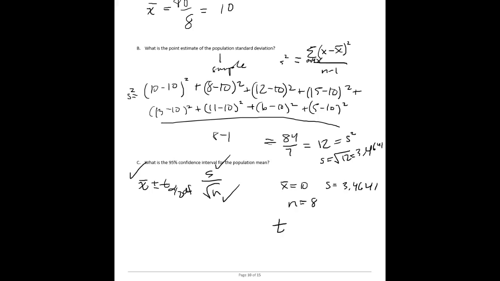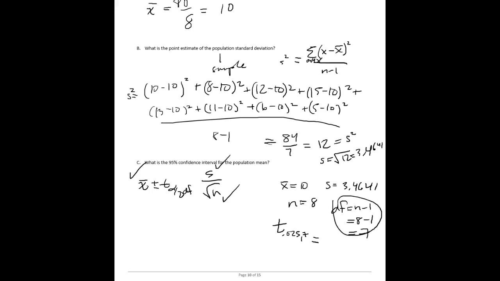So let's find our t statistic, so our t alpha half. Because this is a 95% confidence interval, our alpha is 0.05, and thus our alpha half is 0.025. And then what is our degrees of freedom? Our degrees of freedom is equal to n minus 1. So df is equal to n minus 1, which is 8 minus 1, which is 7.